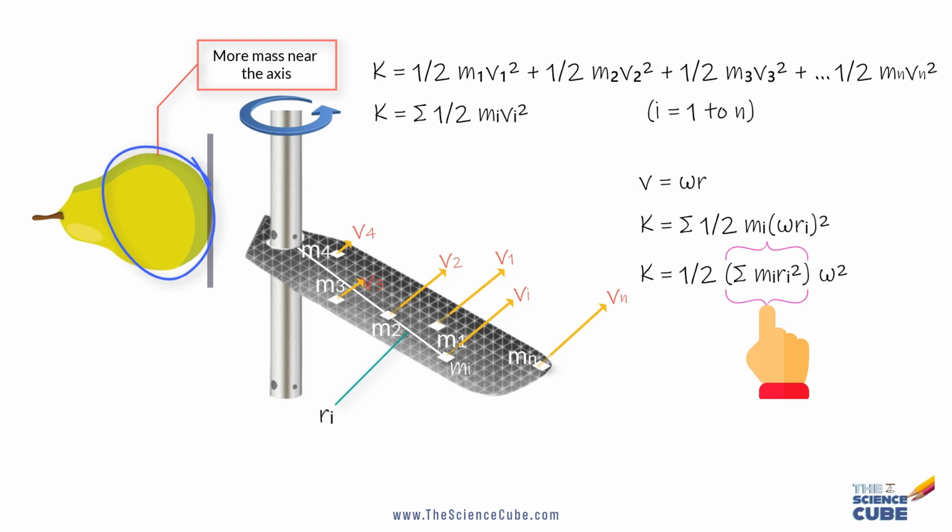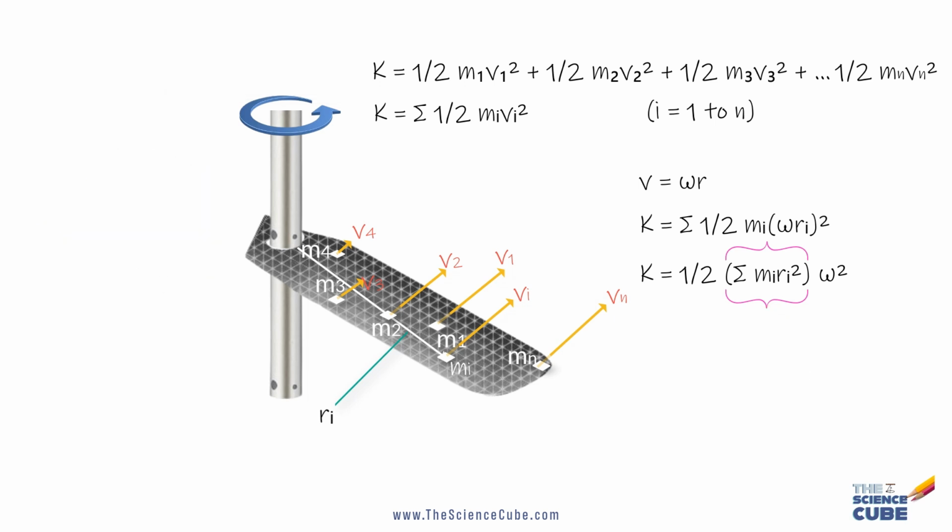So this quantity is called the rotational inertia of a body, or some books term it as the moment of inertia, and denoted by the symbol I. Also, it is a constant for a given body about a particular axis of rotation. In other words, the axis of rotation must be specified if the value of I is to make sense.